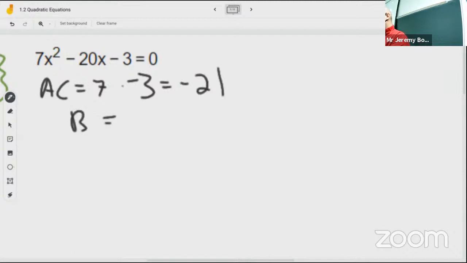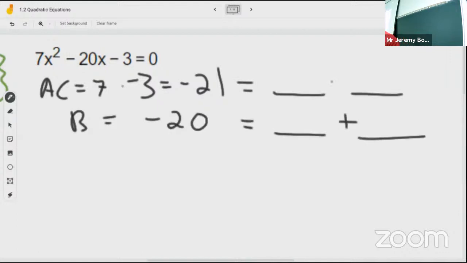And B is -20. So we need numbers that multiply to be -21 and add to be -20. When it's one difference like that, it's usually going to be that number and 1. But one of them needs to be negative. Looks like it needs to be a negative 20.